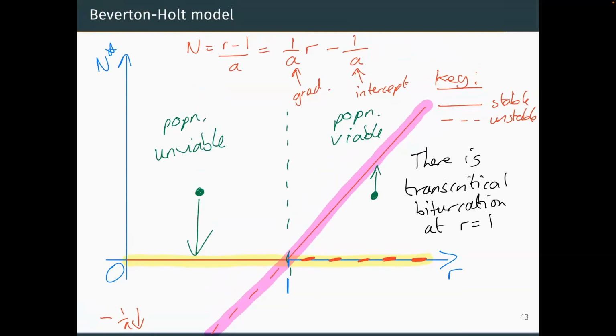There's no population size for which it can survive. It always just gets driven extinct. When I mean it's viable, I mean that there is a stable steady state here, or at least it's not driven extinct. So here it's extinct, there it's not extinct. Any other questions?